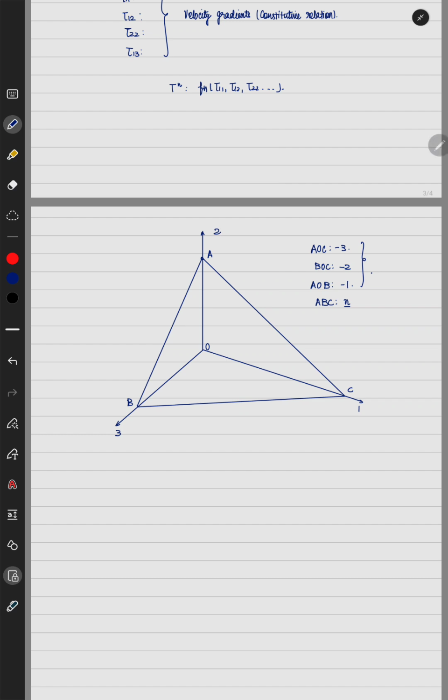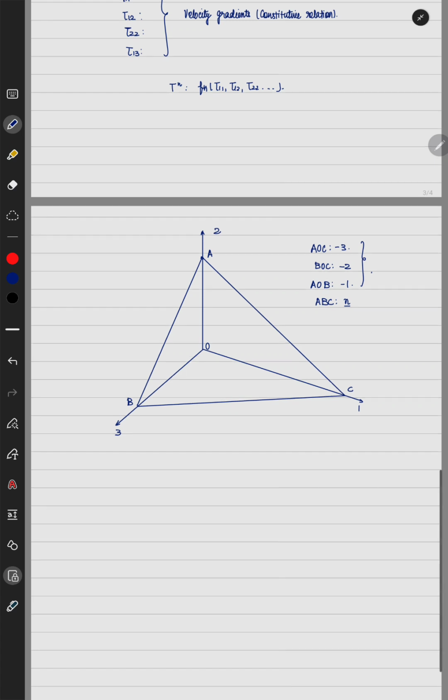But the stress acting on ABC will not be related directly to some velocity gradient, because there can be n number of possibilities of orientation of ABC in a particular flow field. So resolving the total stress acting on some randomly oriented direction into standard directions is very important.